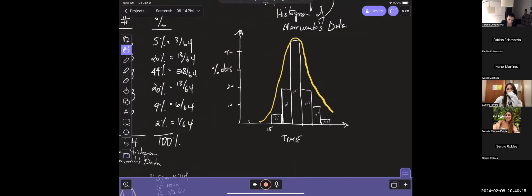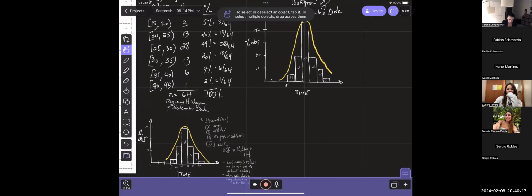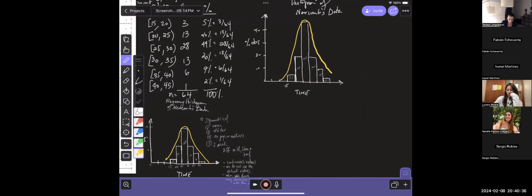The difference remains that the area under this curve is going to be N, but the area under this curve is going to be what? So in terms of the values or the percentage of observations, what is the total under the curve?